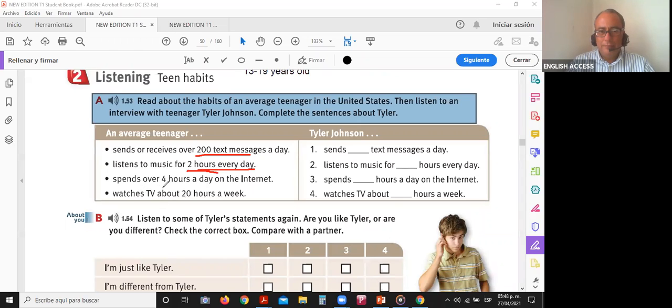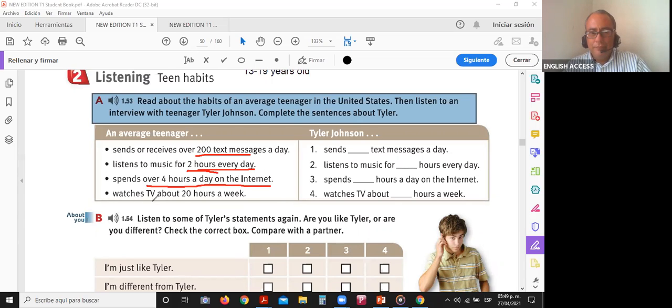Yeah. And then it says teenagers spend over 4 hours a day on the internet. Oh, I don't spend that much time. You know, I'm only on for about 2 hours at night. Oh, wait. I spend about 2 hours on different social networks during the day. Okay, so I guess I spend 4 hours a day on the internet. Is that a lot? Oh, I don't know.